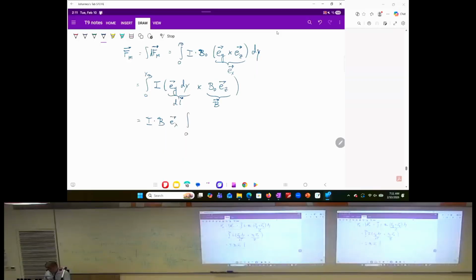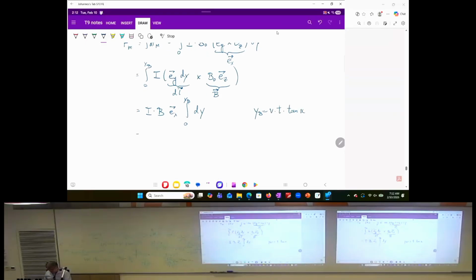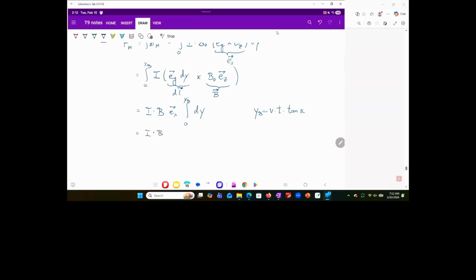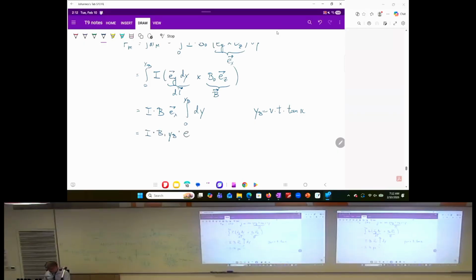We integrate from 0 to yb, basically just over a constant. And the yb, however, keep in mind, is velocity times time times tangent alpha. And this integral just gets us 1 times yb, oriented in x direction.